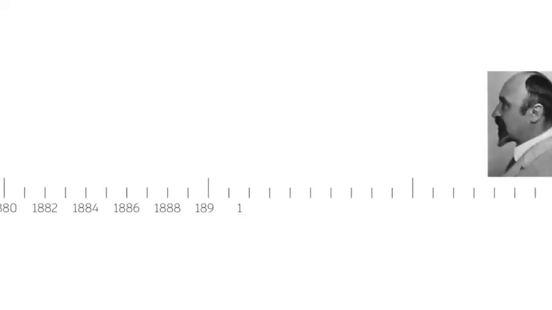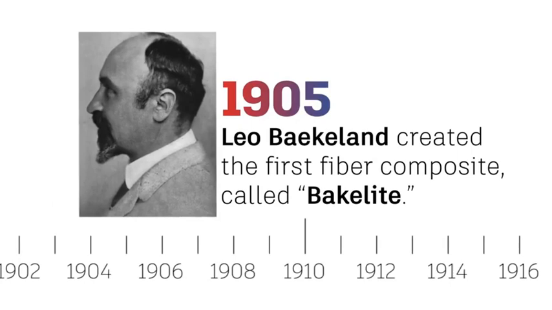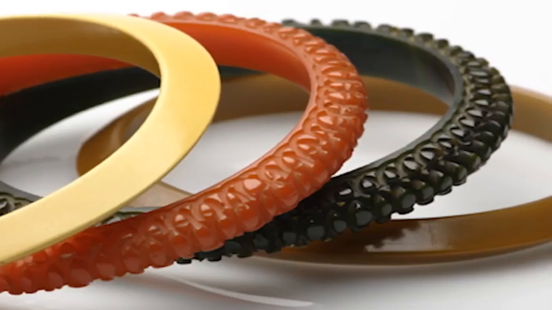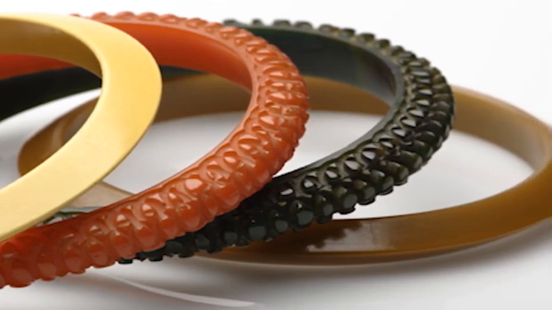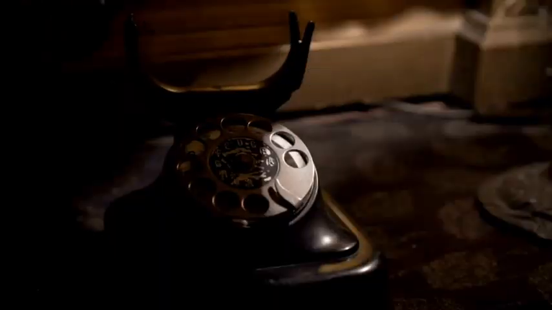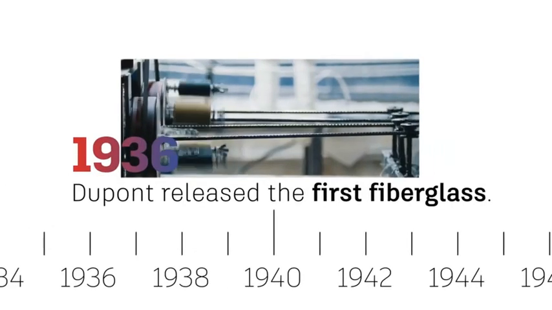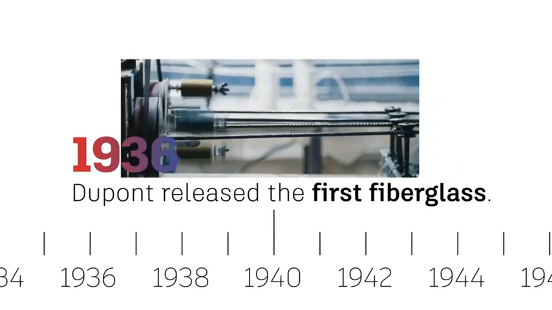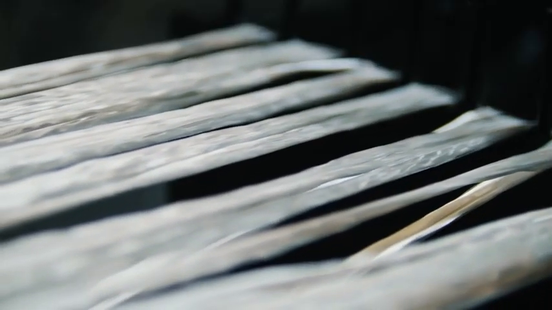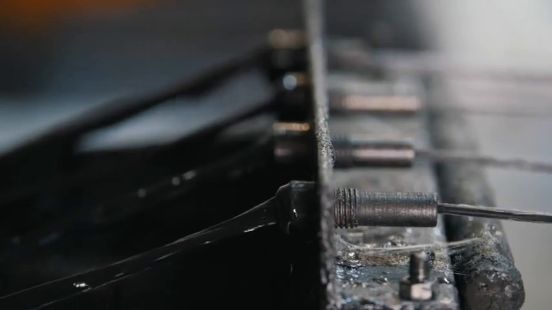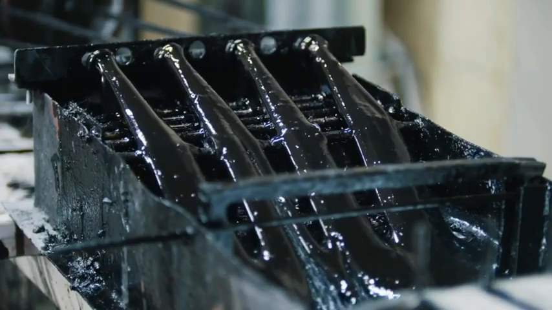In 1905, Belgian chemist Leo Baekeland created the first fiber composite called Bakelite by combining plastic with wood flour or asbestos fibers. Heat-resistant and non-conductive, Bakelite was perfect for items such as kitchenware, electrical casings, toys, and records. Then, in 1936, DuPont released the first fiberglass by combining glass fibers with plastic, offering a material with a high strength-to-weight ratio that could replace wood and metal.